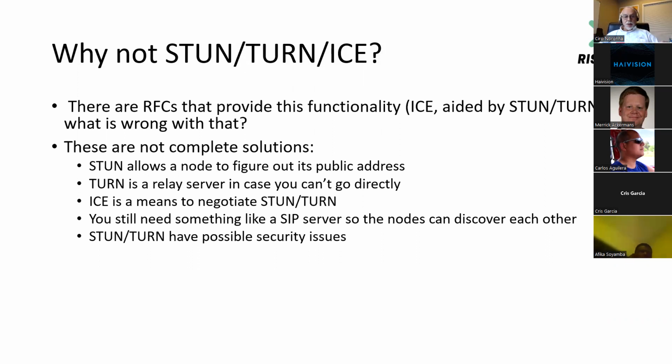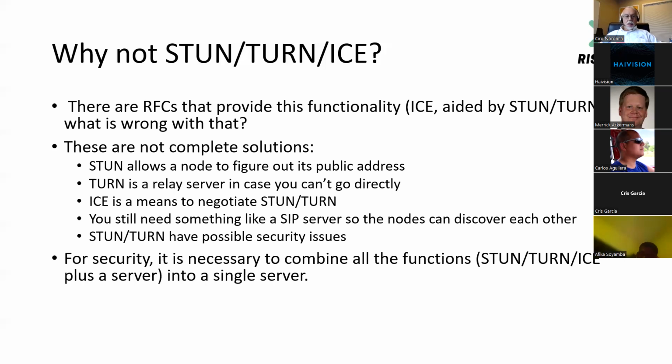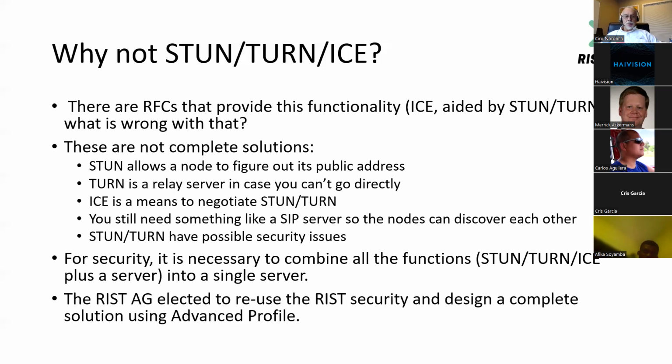ICE is a means to negotiate that, but you still need something like a SIP server so nodes can discover each other. And there are possible security issues. I'm not going to get into that, but you can look on the internet. So for the security, it is necessary to combine all the functions into a single server. And that is what we decided to do in the RIST AG. We use good security and design a complete solution using advanced profile.